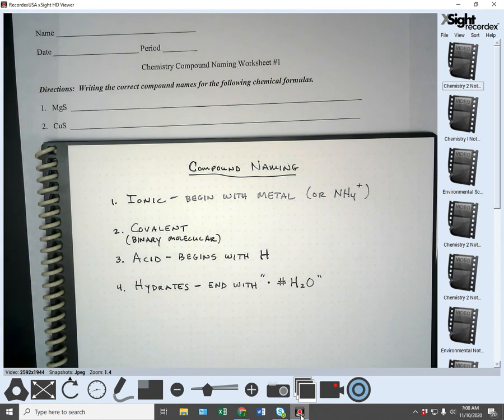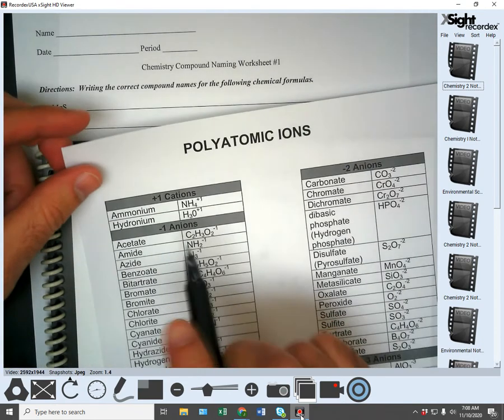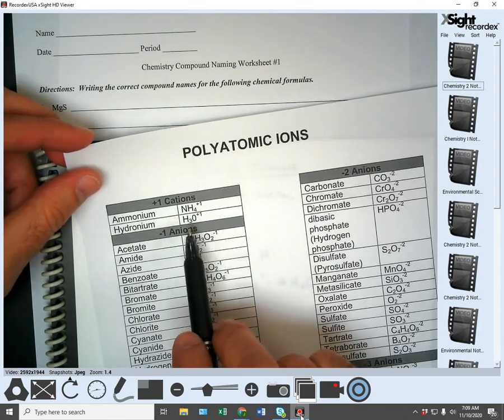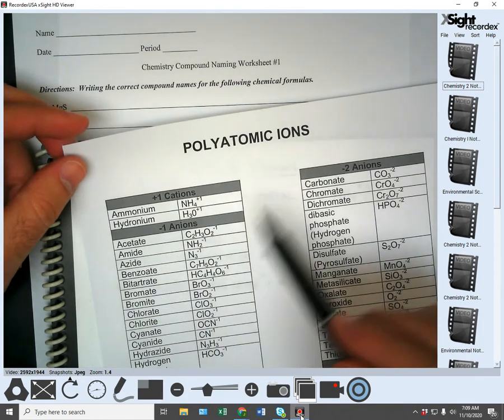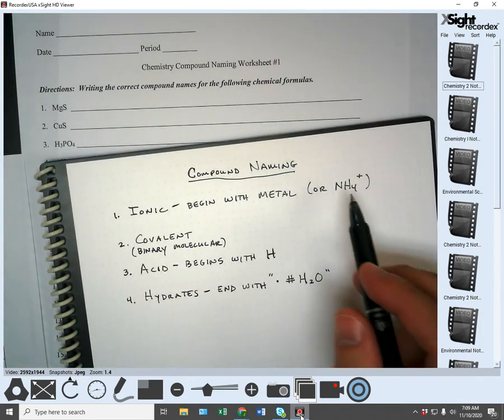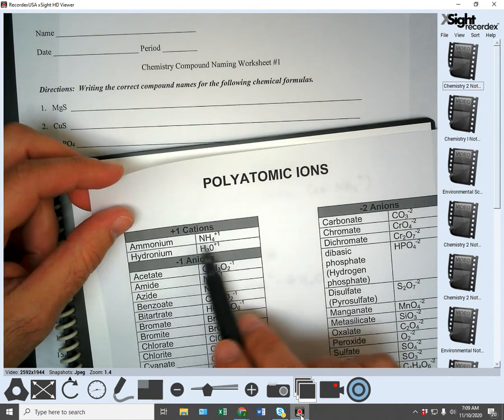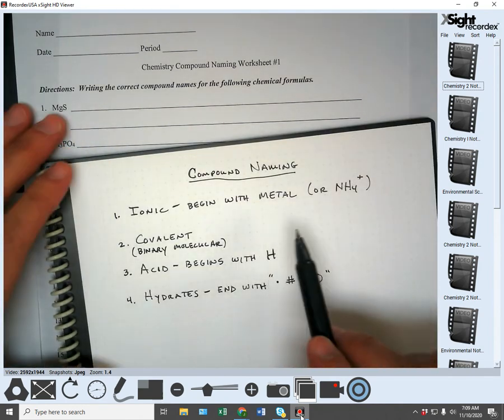Hydronium is also a positive polyatomic, but I'm not going to use any of those, because I want anything that starts with a hydrogen to make you think acids. I'm not going to even use hydronium because I don't want you thinking ionic. I want you thinking an acid with that. So the only positive polyatomic that we'll have is the NH4 plus 1. That's ionic, or if it begins with a metal.